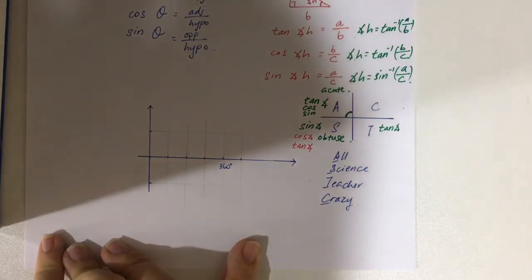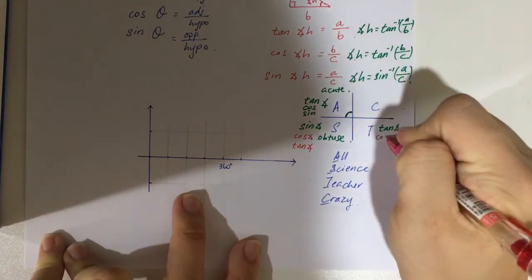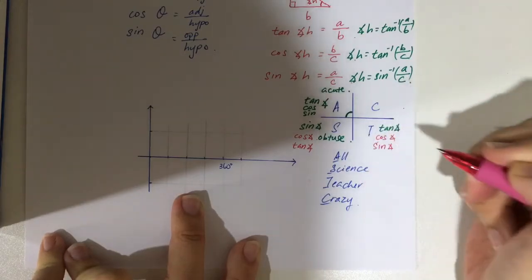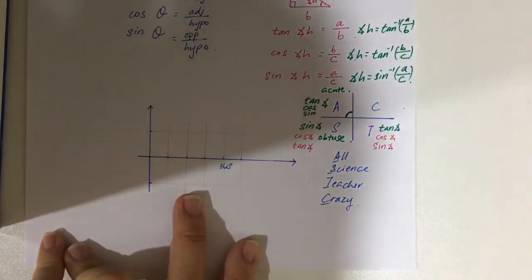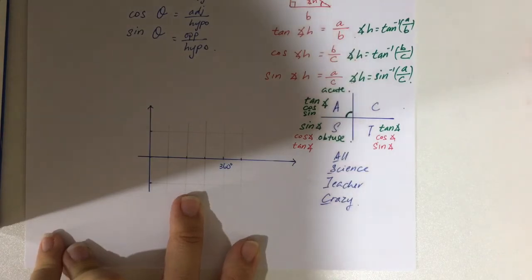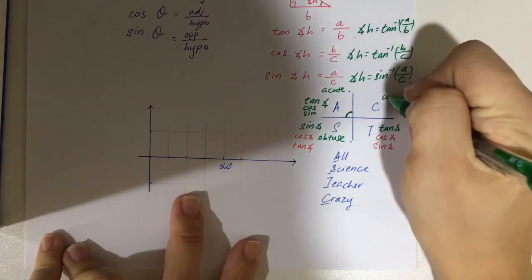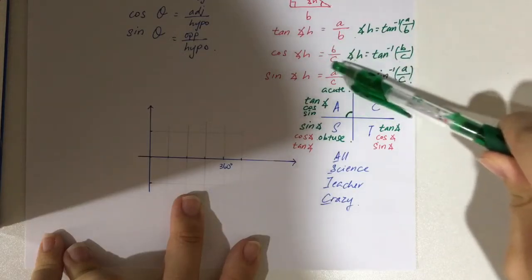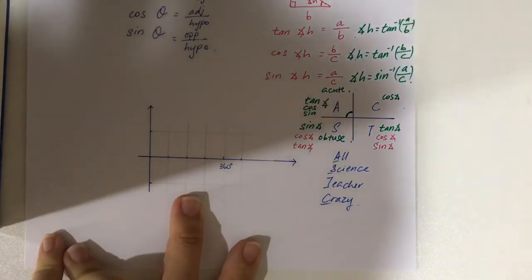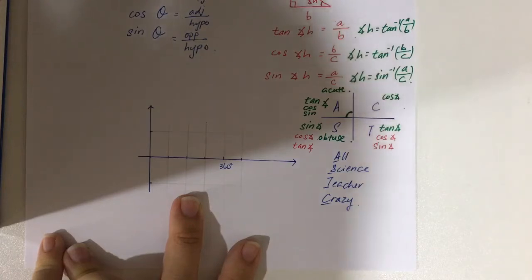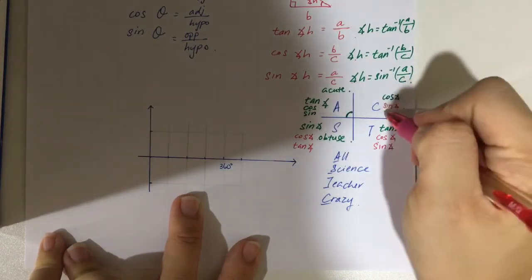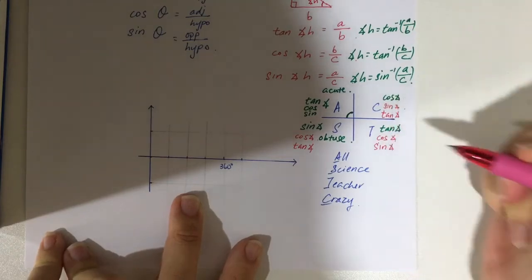And then negative will be cosine and sine. What about the last one? The last one shows that cosine of the angle equals BC. So this BC will be positive, and then sine will be negative, tangent will be negative.